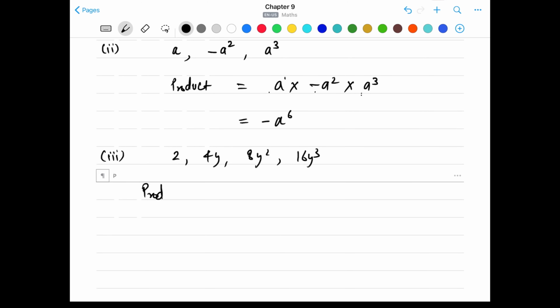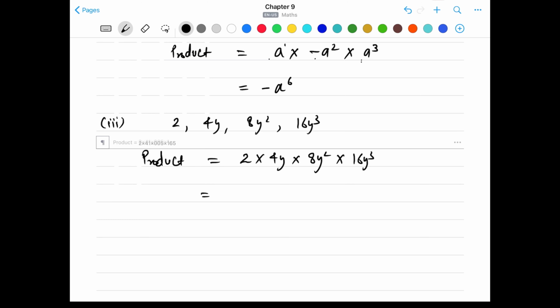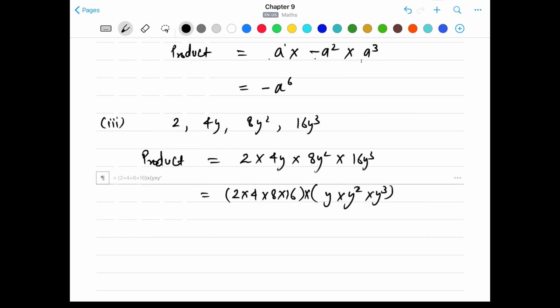So the product here will be, let's multiply all the expressions, 2 into 4y into 8y square into 16y cube. First we'll multiply all the numbers, that is 2 into 4 into 8 into 16. Now let's multiply all the variables, that is y into y square into y cube.